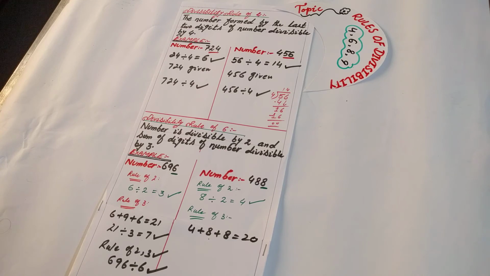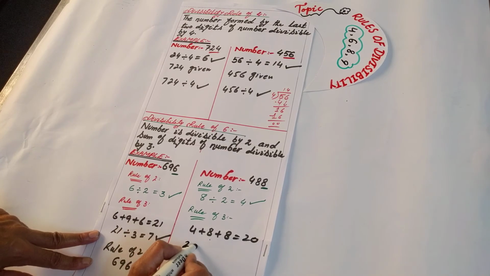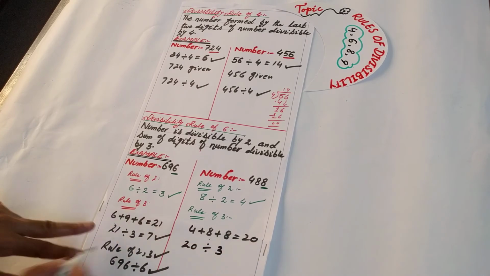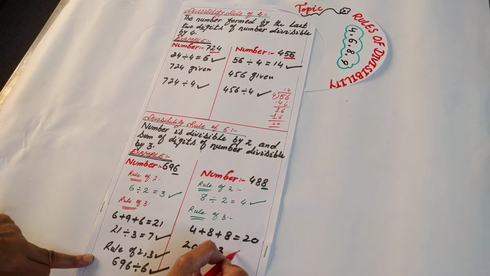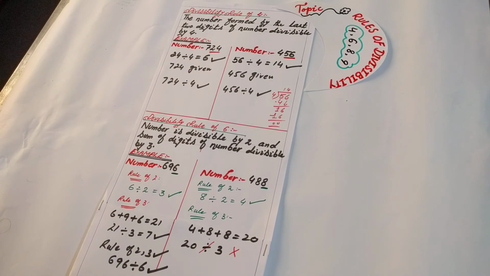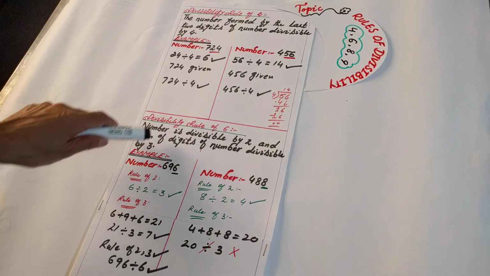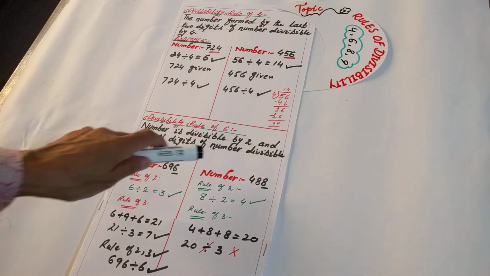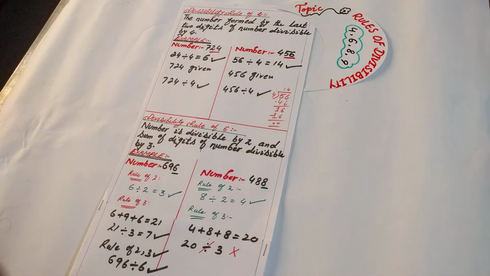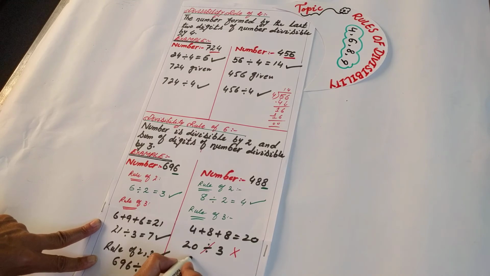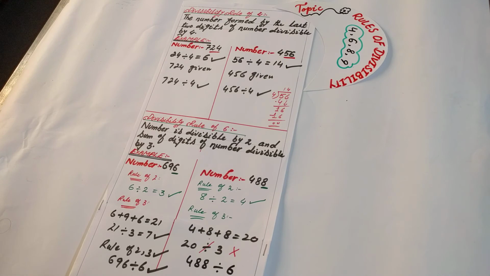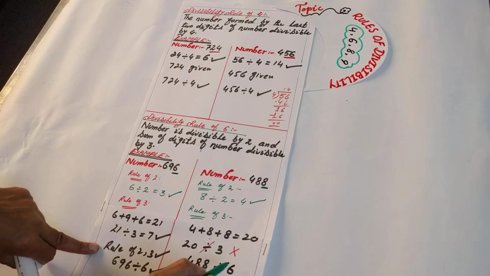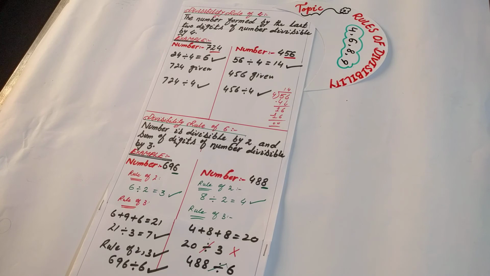No, 20 is not divisible by 3. It means this condition is not satisfied. So if any one of these two conditions is not satisfied in your number, then your given number 488 is not divisible by 6. This number will not be divisible by 6.